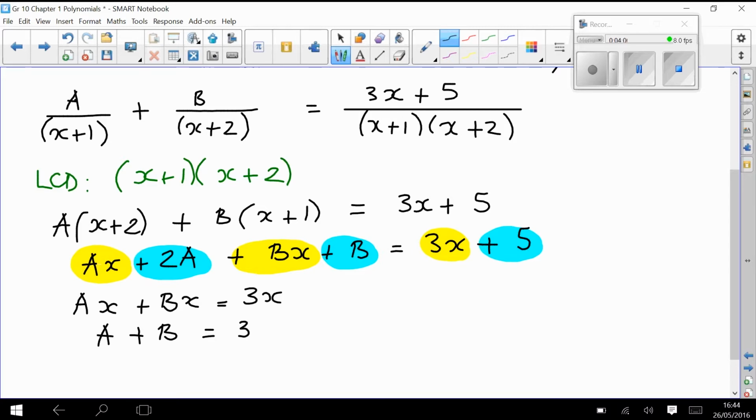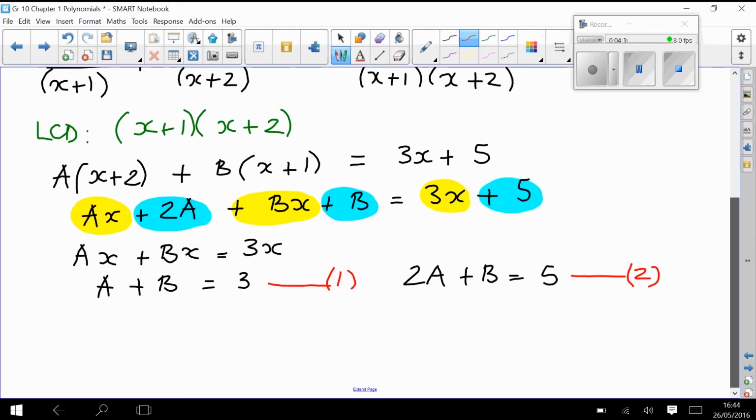And then working with the constants, if 2a plus b is equal to 5, I've now happily reduced both of these statements to two simple equations with two variables, and I'm now able to find a and b. Get a on its own in equation 1, and that will be equal to 3 minus b.